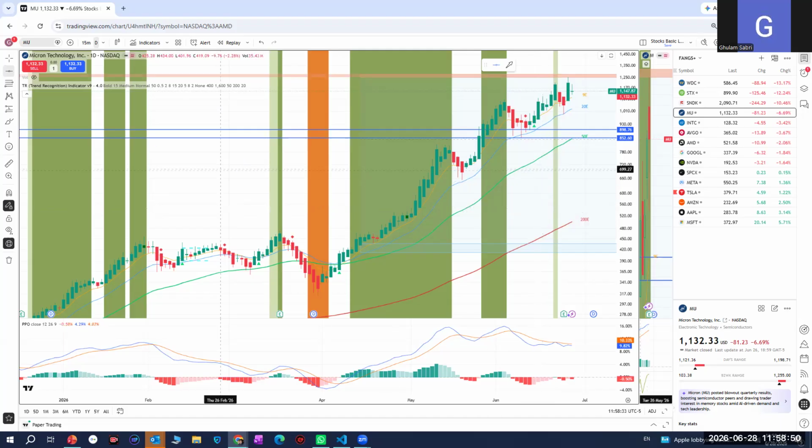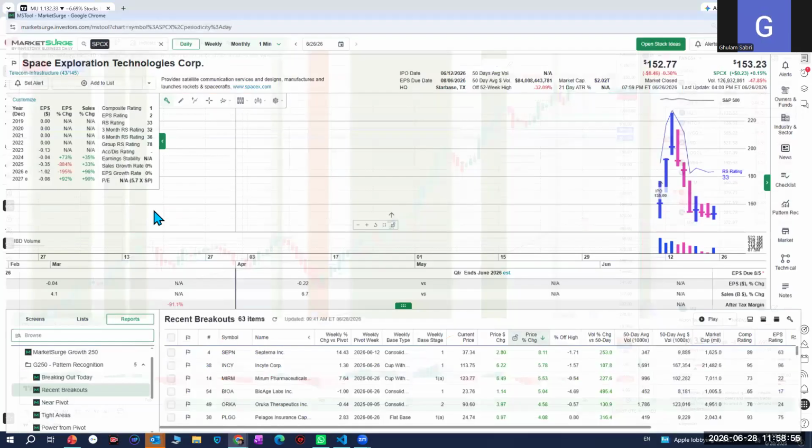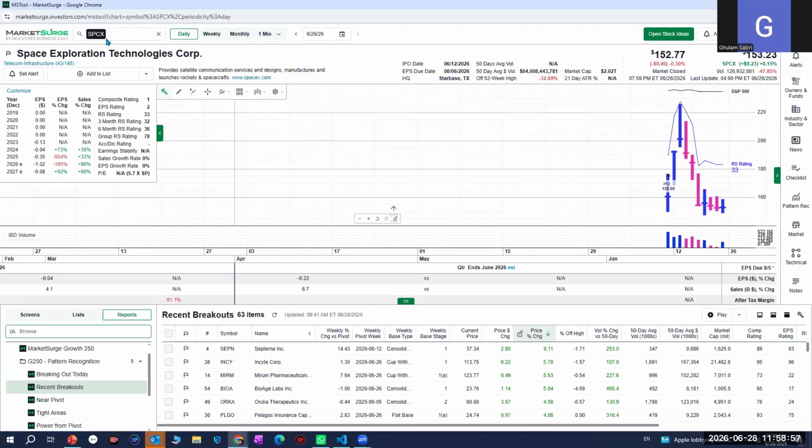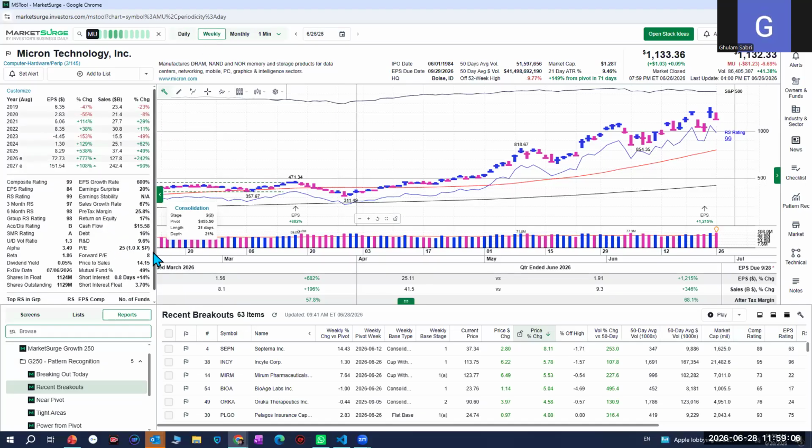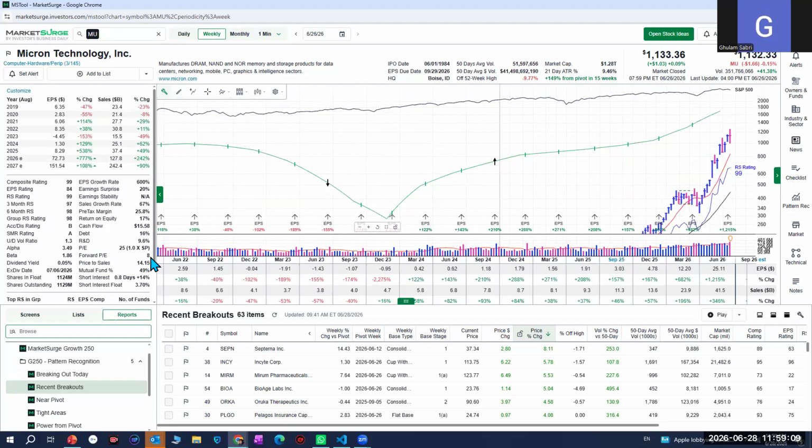People are estimating its forward earnings, going back to Micron's earnings again. It comes on the weekly chart here, this number. Right now it's 25, but the way it is growing, its earnings are outpacing the growth in its price. That's why this ratio is coming down. Right now it's 25. S&P 500 is also 25.